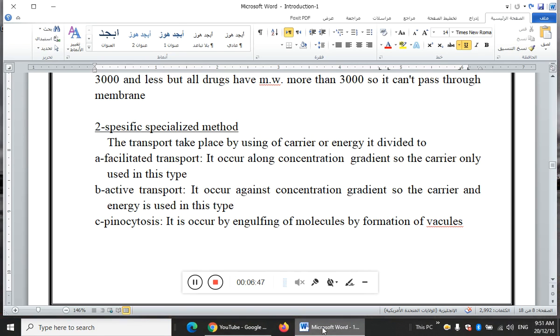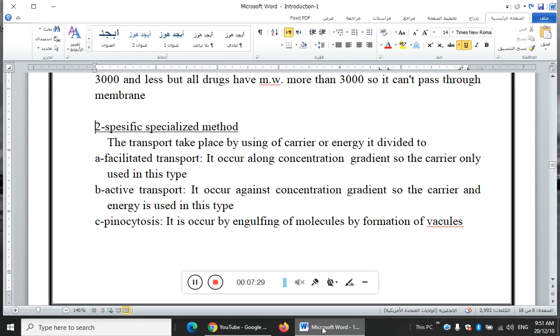There is no need for energy, just a carrier transports the material from the high concentration side to the low concentration side. The second one is active transport. It occurs against the concentration gradient, which means the material is transported from the low concentration side to the high concentration side, and in this type the carrier is used and needs energy.